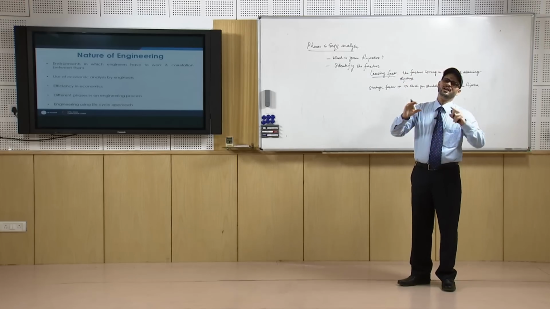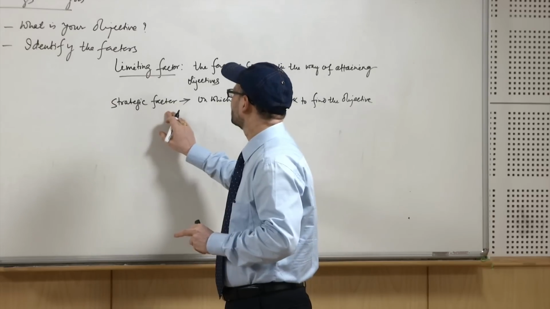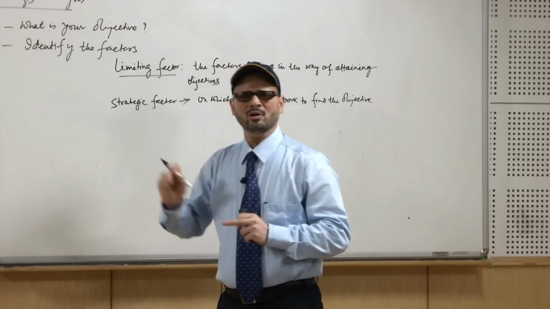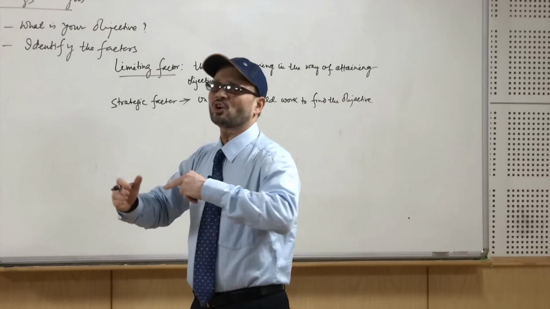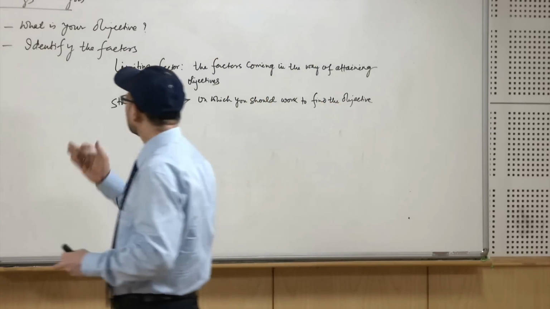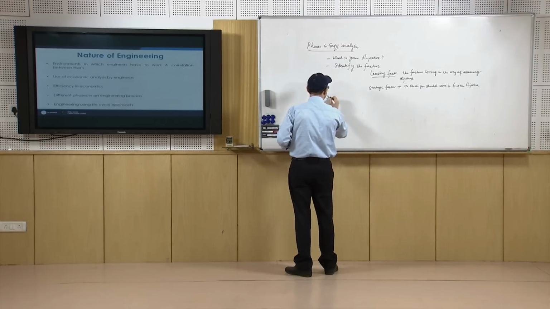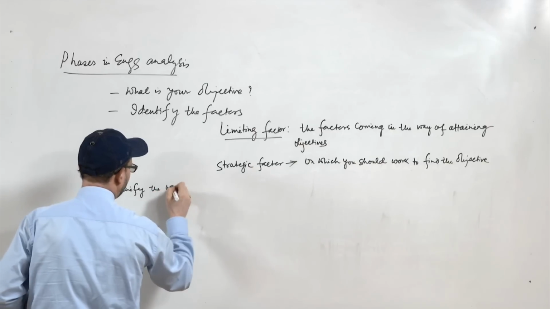Now, there are many ways by which these strategic factors can be worked upon. So, these ways or these means are to be seen. So, you have to identify the ways or means.